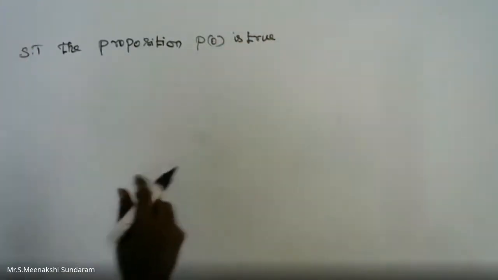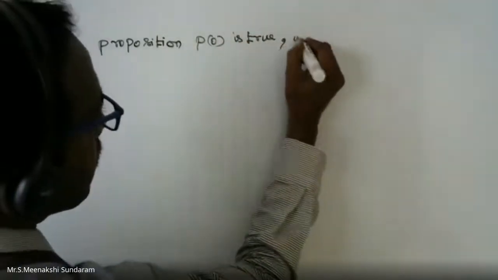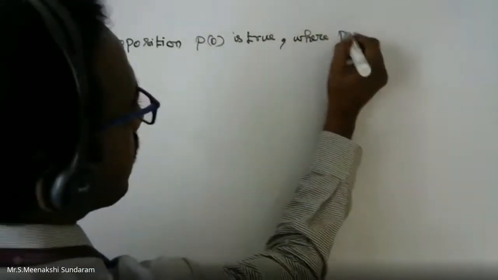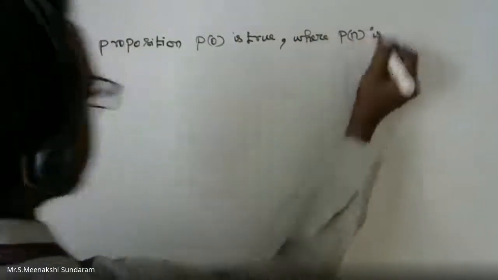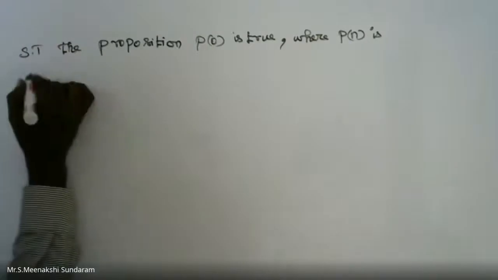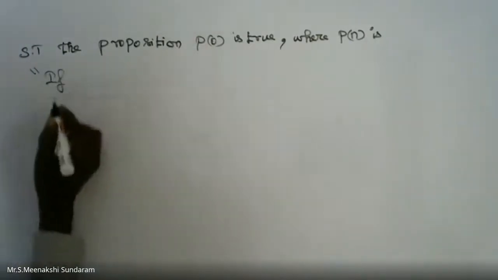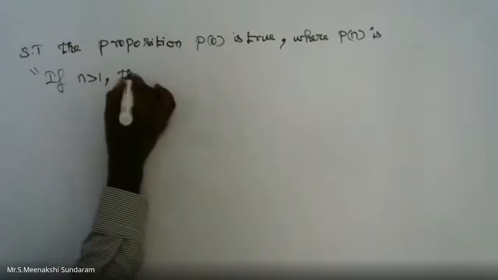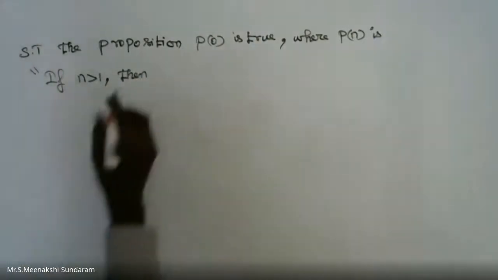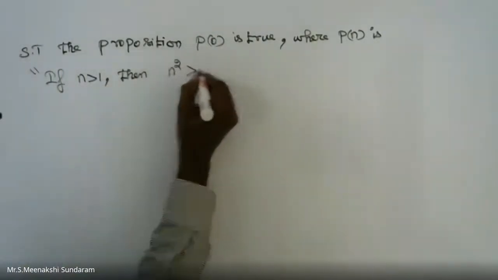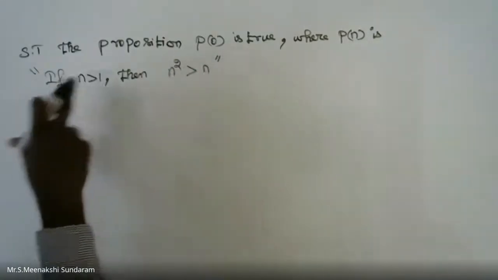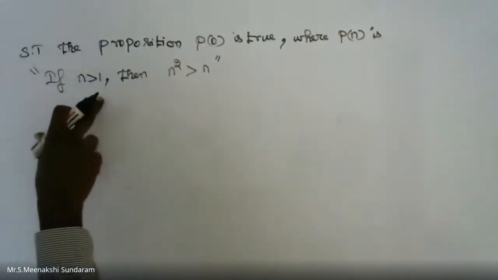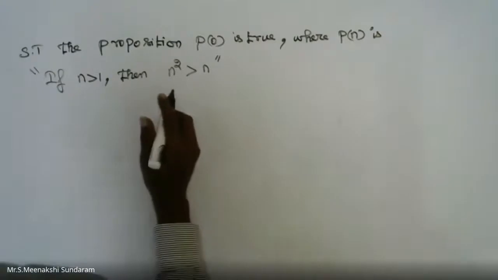Show that the proposition P of 2 is true, where P of n is the statement: if n is greater than 1, then n square is greater than n. If n is greater than 1, then n square is greater than n.